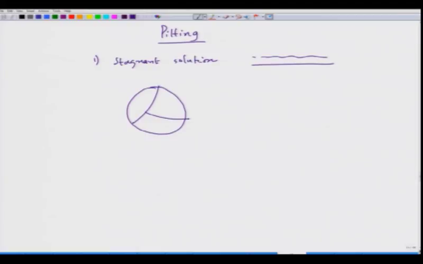So, if we compare the reduction potential of grain boundary and grain body, the grain body has a positive reduction potential as compared to the grain boundary potential. So, that is why the grain boundary region acts as an anode, so it dissolves more.